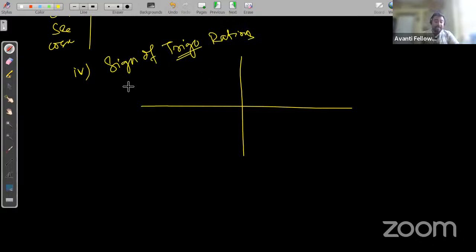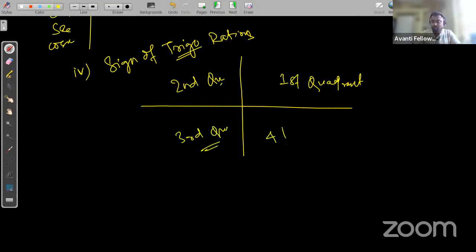Sign of trigonometric ratios means, all of you know, this is my first quadrant, this is my second quadrant, this is my third quadrant, and this is my fourth quadrant. So how can we determine the sign of trigonometric ratios in all these quadrants?